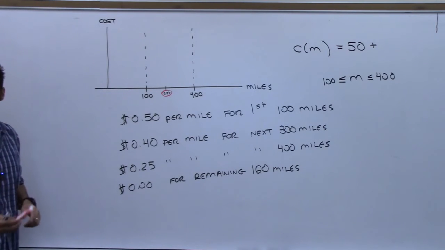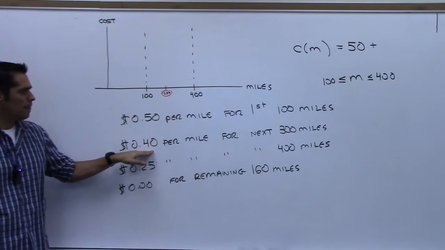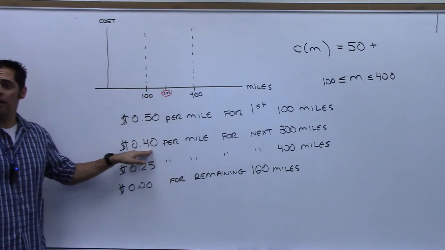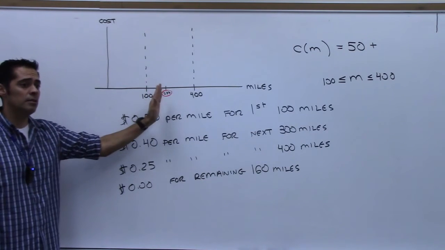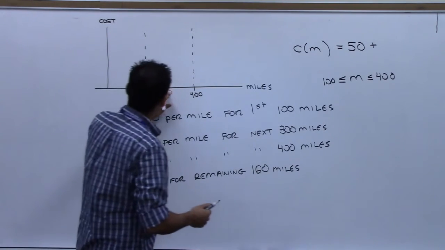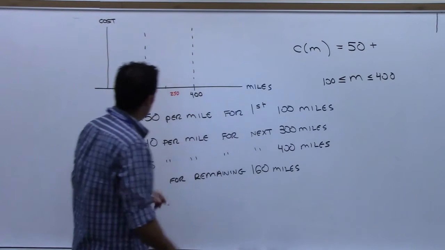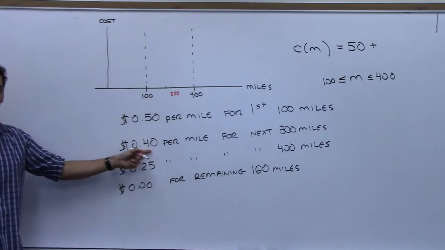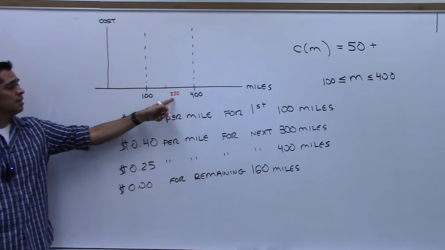How are you getting 40? Just multiplying that 0.4 cost per mile by 100. By 100, right? Because that's how much further you've gone. If this was now, instead of 200, if we had gone, let's say 250, then it would be 0.40 times 150.